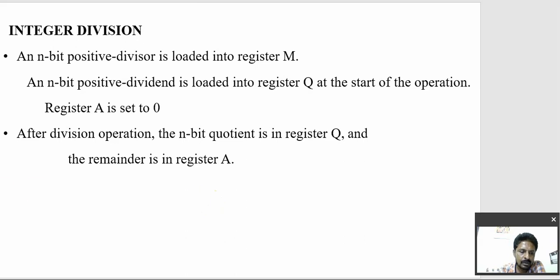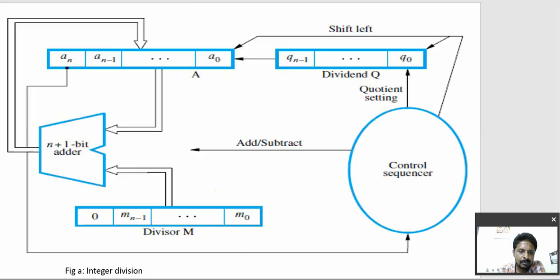So how it is going to be performed will be represented by this. Here this is the register A value, and depending upon the operations, we want to shift the bits in different ways, and sometimes we want to perform an addition, and sometimes a subtraction operation.